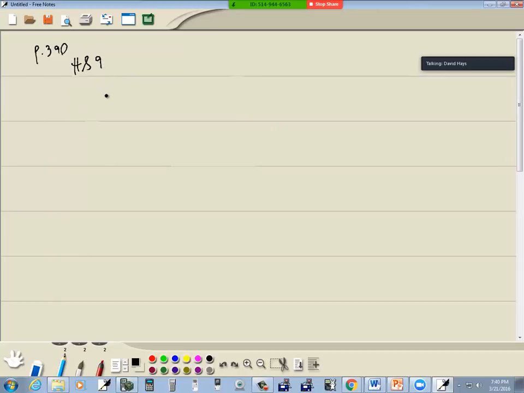But the worst part of them is there's no step-by-step approach that you can take in these. Okay, let's take a look at this one.